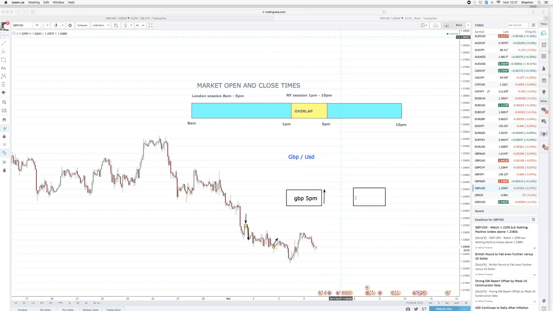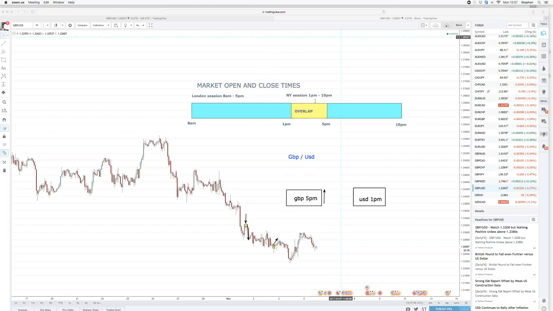Unfortunately, what happens at 1 o'clock, Mr. US dollar shop decides to open. So what that actually does is causes some competition for the British pound. So unfortunately, what happens is the British pound hasn't got as much strength as it did being on its own.